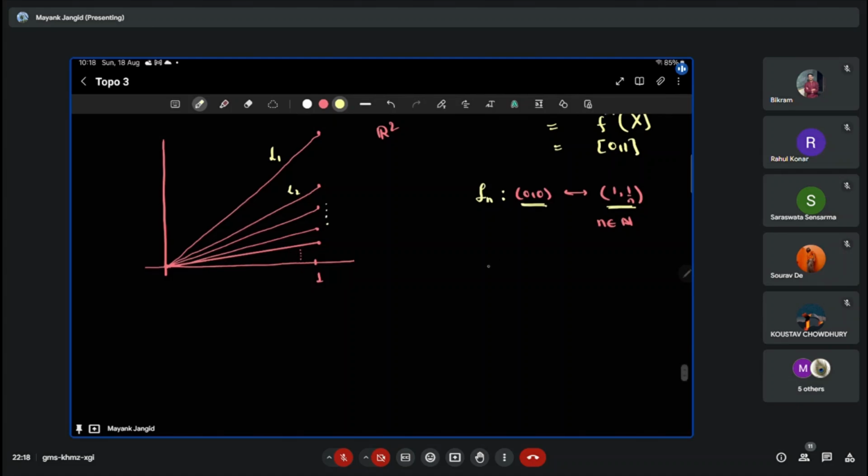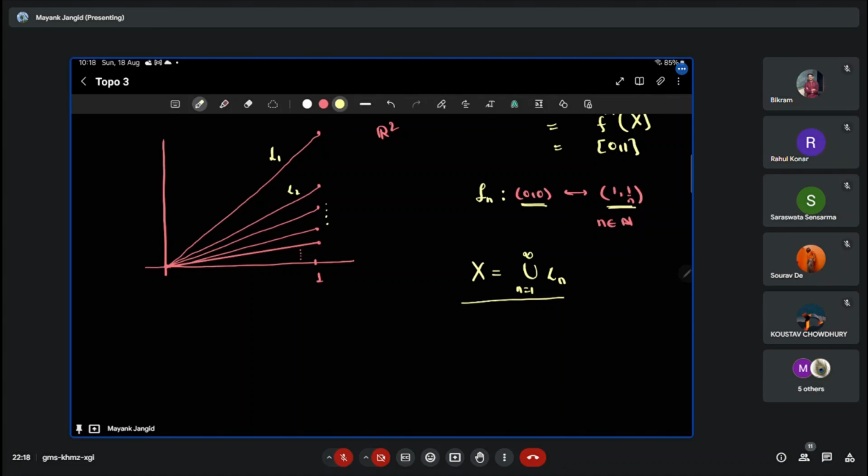So my space is x equal to the union of Ln, n from 1 to infinity. So this is the topological space that I'm considering right now.